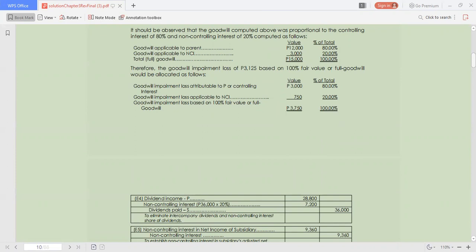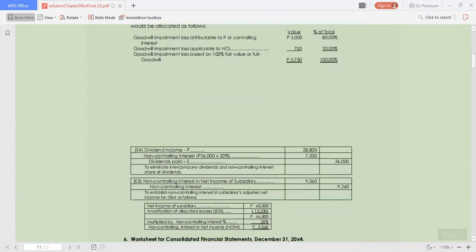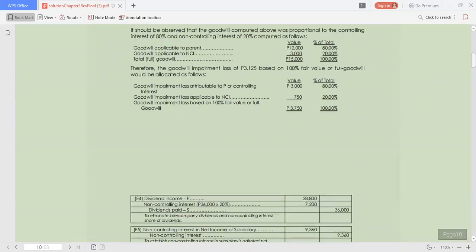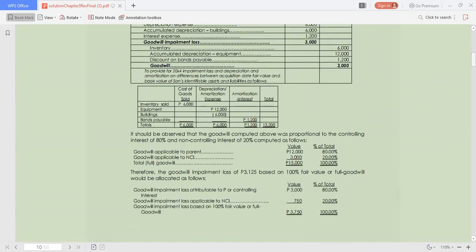Then E5, we have now the non-controlling interest in net income of subsidiary. The net income of subsidiary is computed at 60,000. That's the net income of the subsidiary. So we have 60,000, then deduct the amortization of allocated excess.